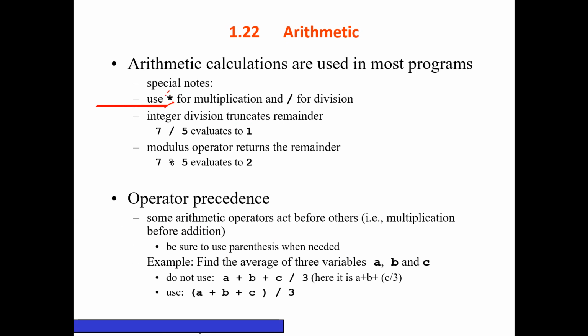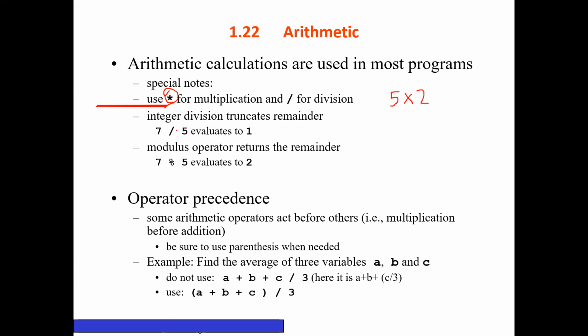Suppose you want to find the product of 5 into 2, then you can replace it with 5 star 2 in C++ expressions. So star is for multiplication, the slash is for division. If you want to divide 5 by 2, you can use 5/2.